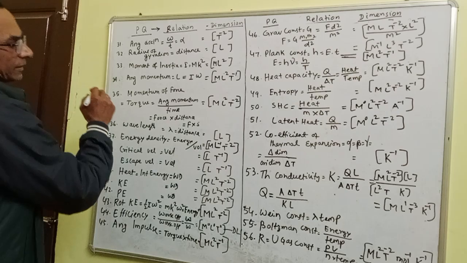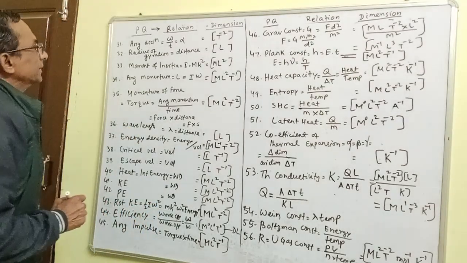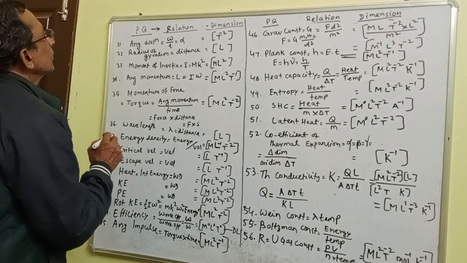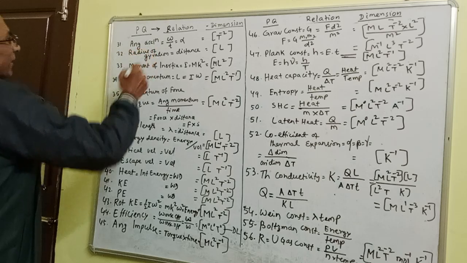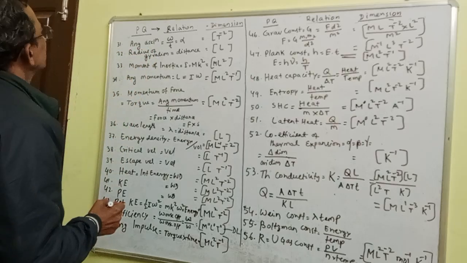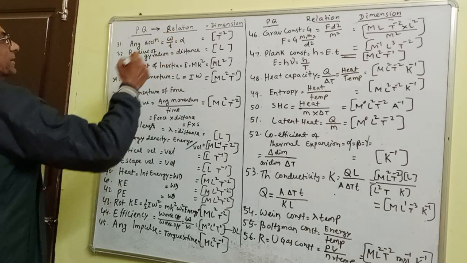Let us complete the remaining mechanical quantities. The rest is 31. Angular acceleration is angular velocity by time.